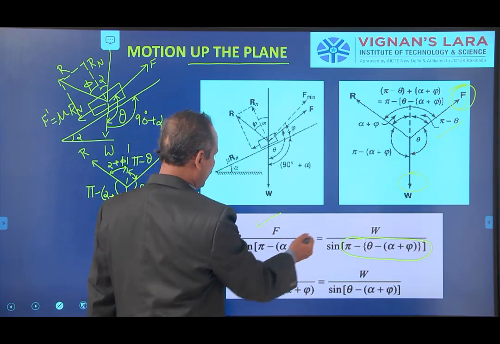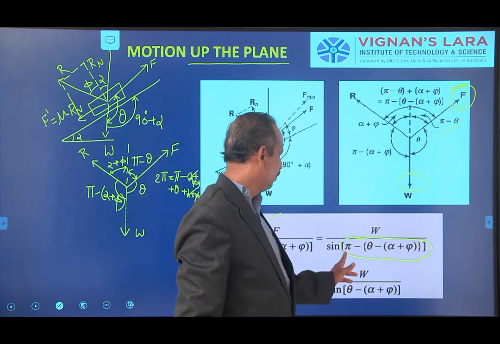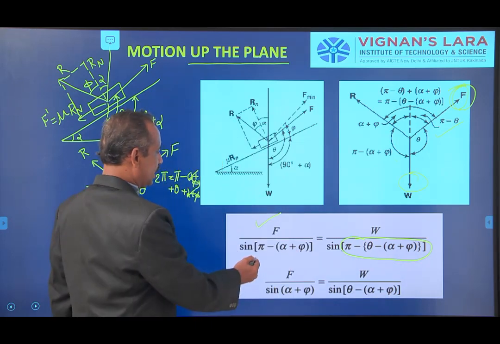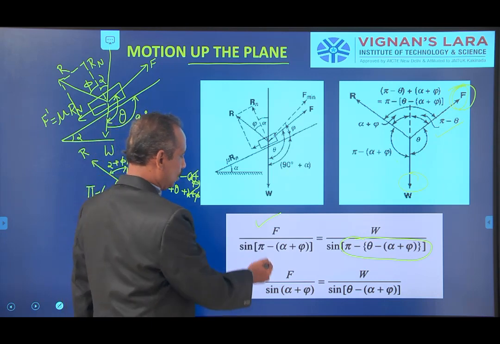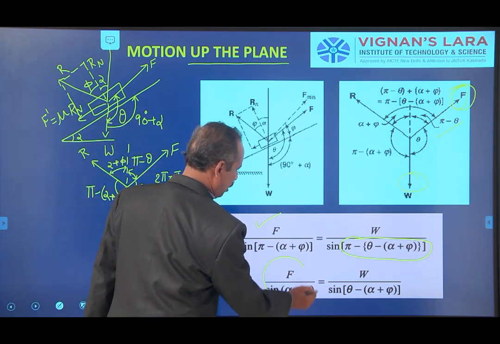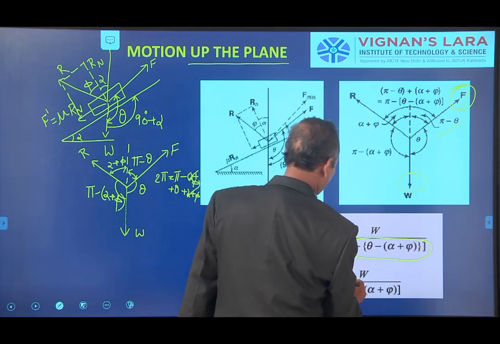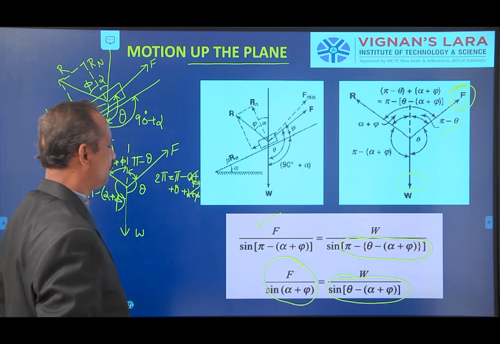So I equated F by sin(pi minus (alpha plus phi)), W by sin(pi minus (theta minus (alpha plus phi))). You can see sin(180 minus theta) is sin theta. So this can be written as F by sin(alpha plus phi), and similarly W by sin(theta minus (alpha plus phi)).